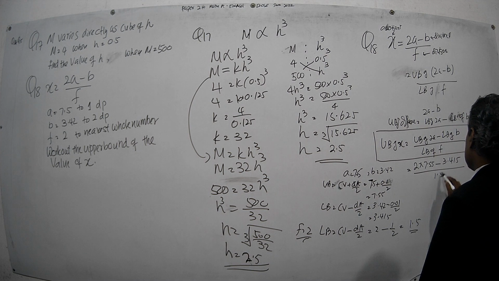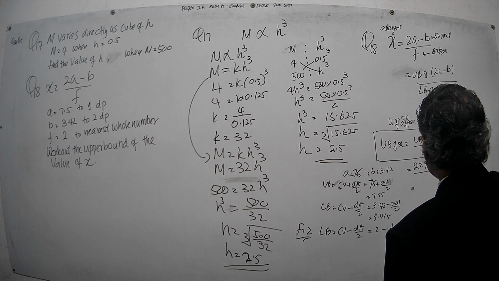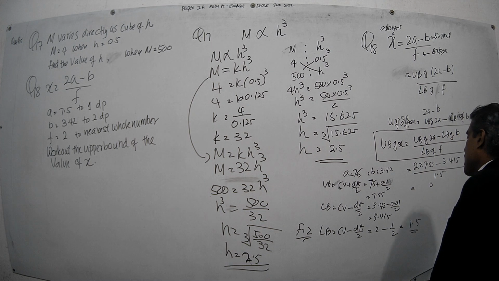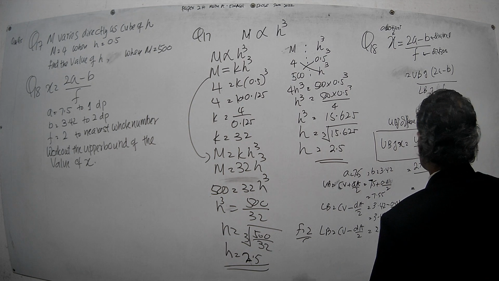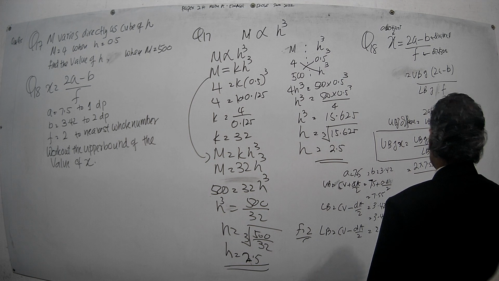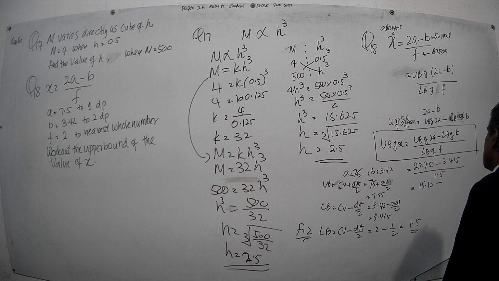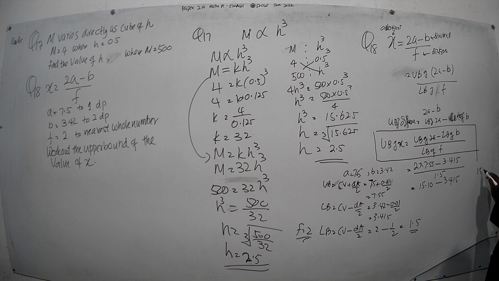Now you can use the calculator and do the calculation. 2 times 7.55 is 15.1. You have to deduct 3.415 from 15.110.